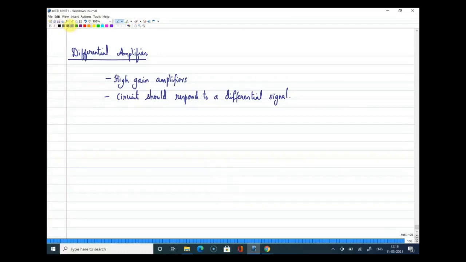Now, going back and thinking about the configurations we studied so far, we have a common source topology, a common drain topology, and a common gate. These are the three basic configurations we have studied so far. Now, out of these three configurations, which configuration, or which configurations, do you think are suitable for this differential amplifier? Can I get your answers in the chat box?